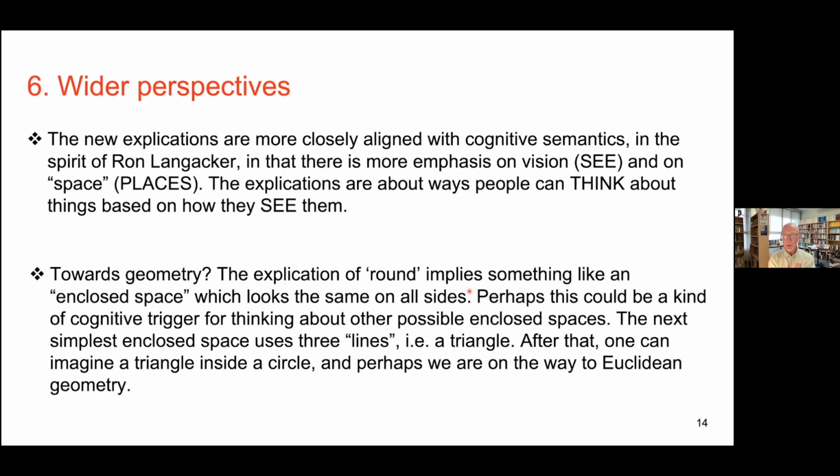Maybe this is what got the ancient Greeks started, because once you've got the idea of a circle, actually round is not the same as circle, but it's closely related, but you've got the idea of circle, you've got the idea of triangle, then you can start thinking about what happens if there's a triangle inside a circle. And basically, if you start thinking in that way, you're possibly on the way to Euclidean geometry. Again, this is just pure speculation and a pure interest point for me, and for others who may find that kind of thing interesting.